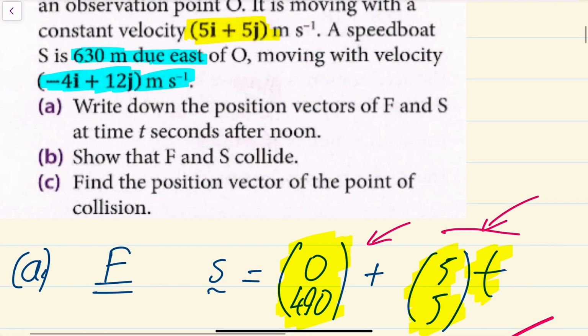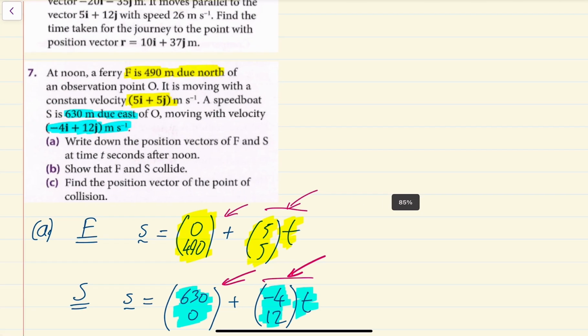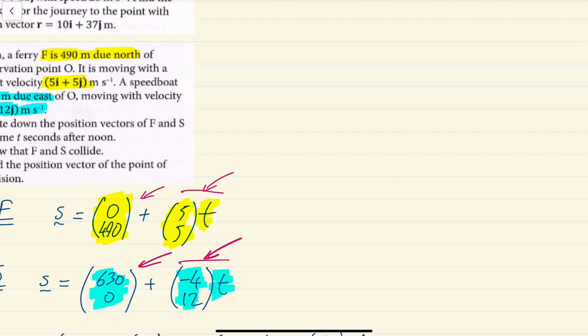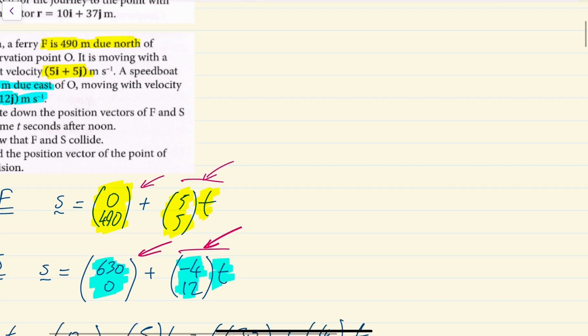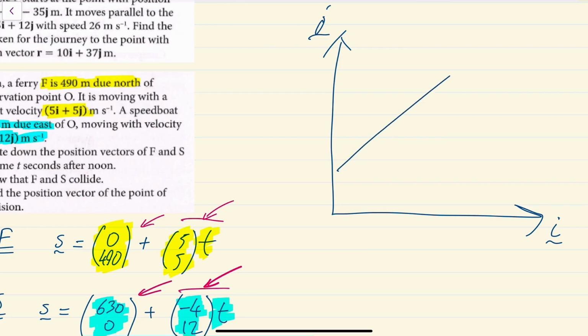Next part of the question says, and very important here, show that F and S collide. Right, you imagine now these are moving in two dimensions. If you imagine I have an axis here, with my i-axis and my j-axis. One of them could be moving like this, and the other one could be moving like this.